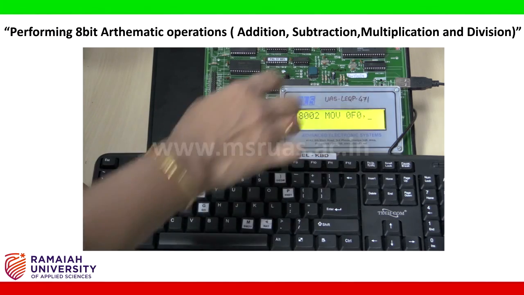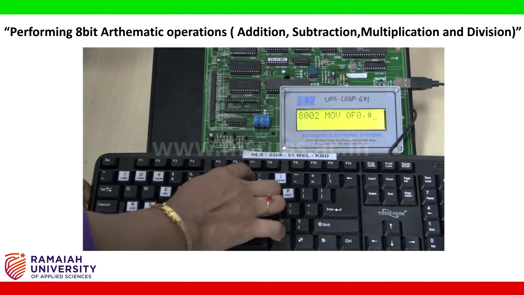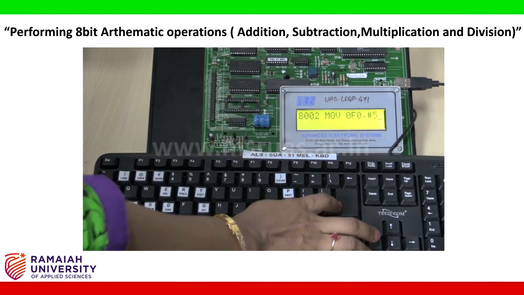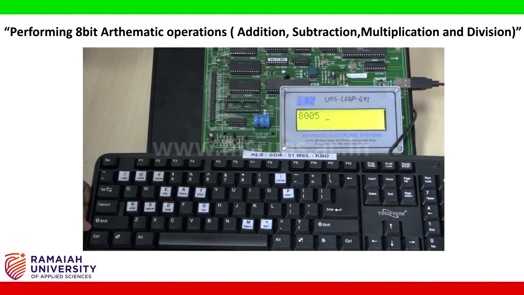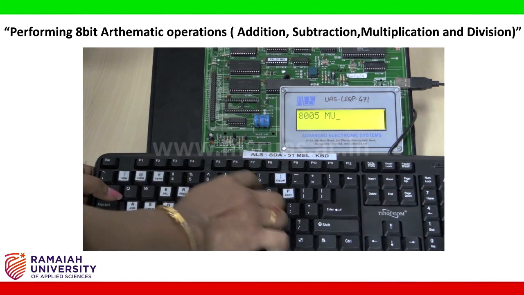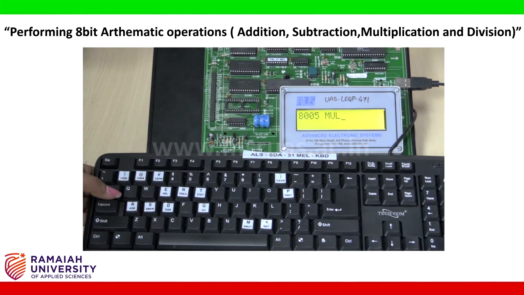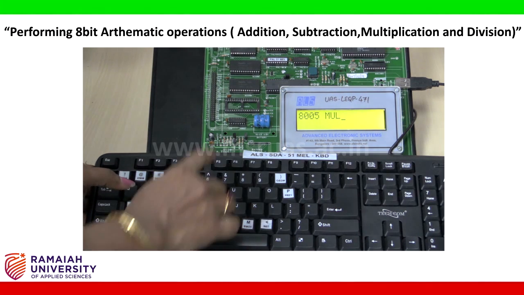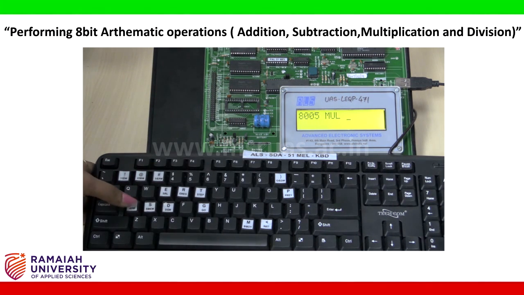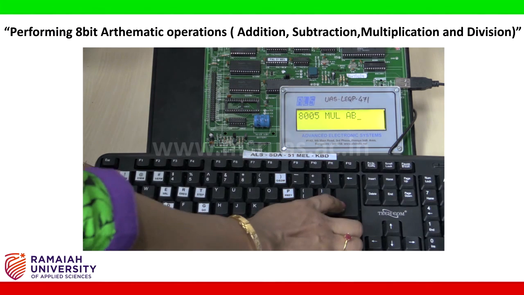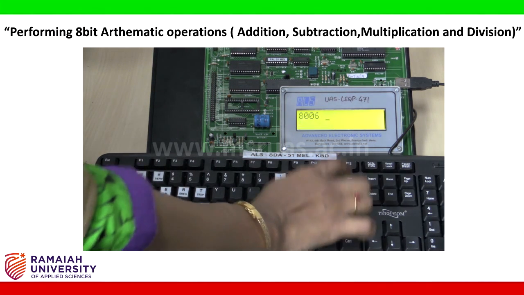So 0F0, hash, some value 5. Enter twice. Then MUL is the instruction for multiplication of two numbers. So MUL AB. Give enter.